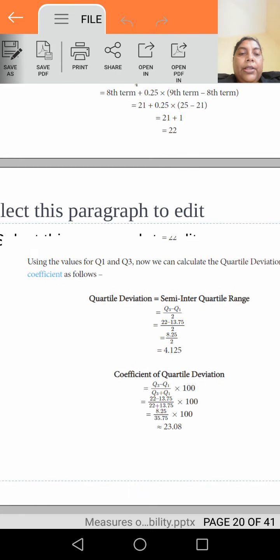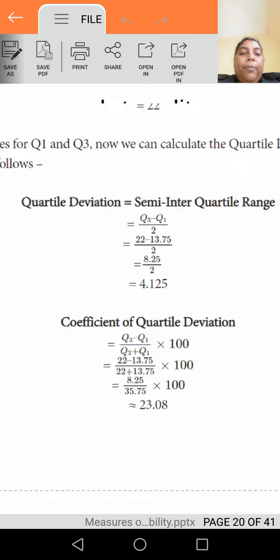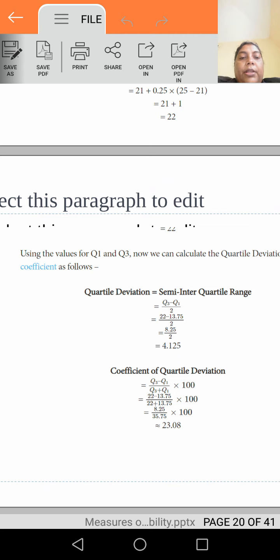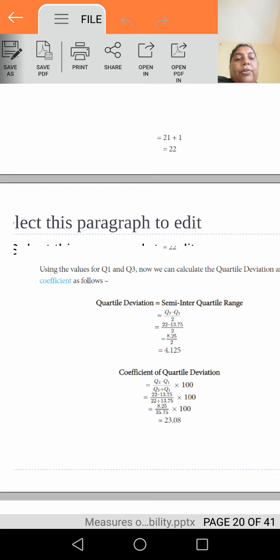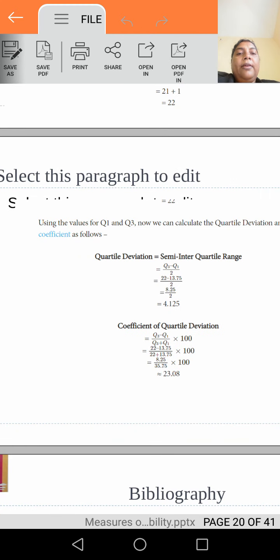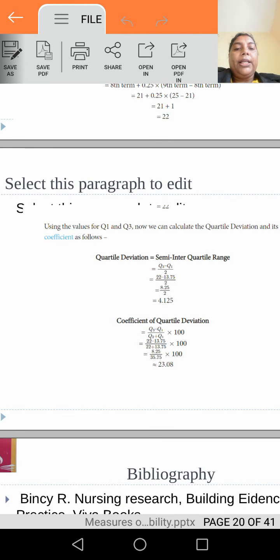So (22 minus 13.75) divided by 2, we get 4.125. And coefficient of quartile deviation is (Q3 minus Q1) divided by (Q3 plus Q1). So here (22 minus 13.75) divided by (22 plus 13.75), we get 0.23, and multiplied by 100 we get 23 approximately. That is the value. So that's about the quartile deviation.